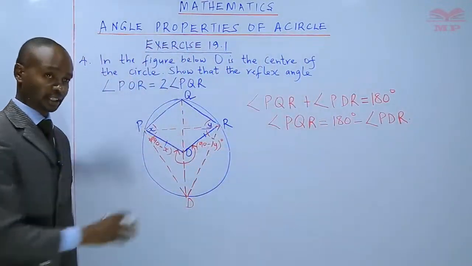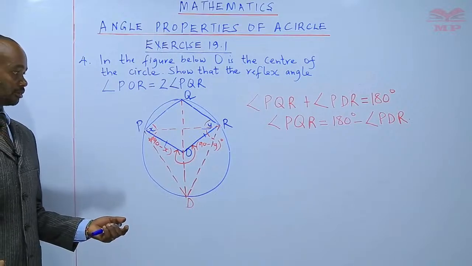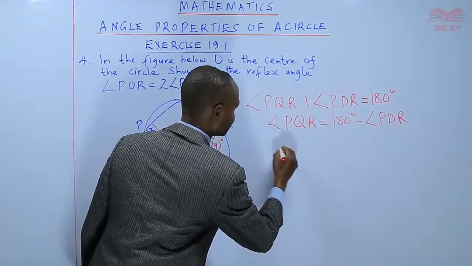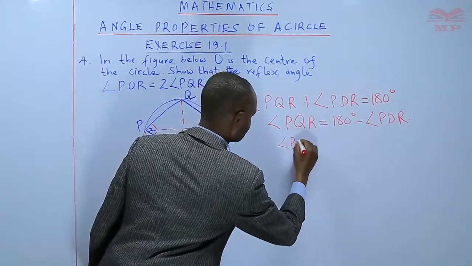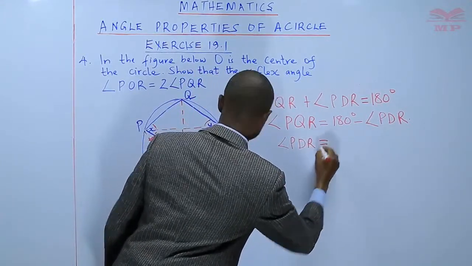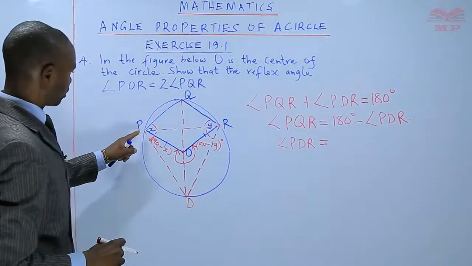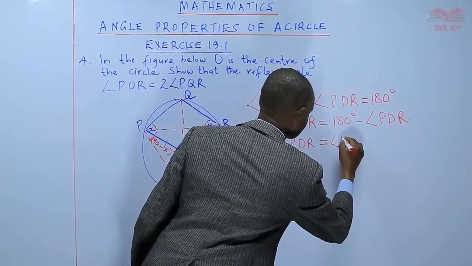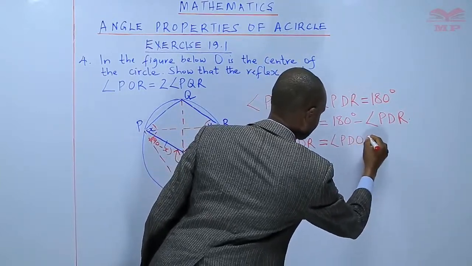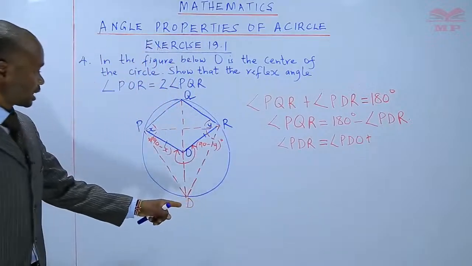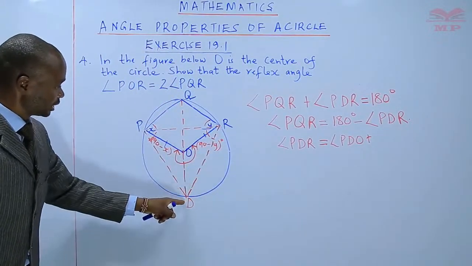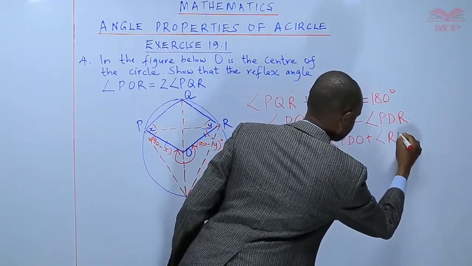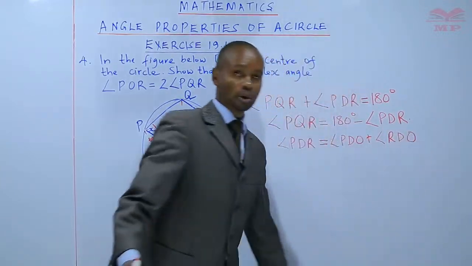So we'll go back to the diagram. Where do we get angle PDR? Angle PDR is equal to angle PDO plus angle RDO.